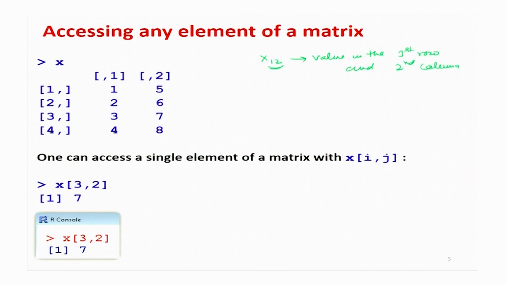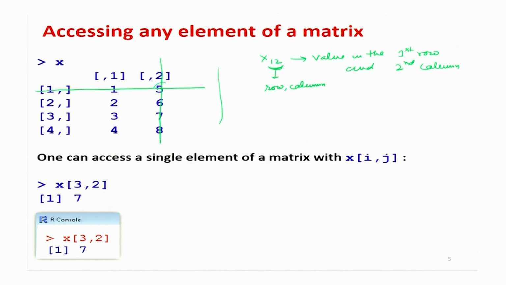So, this 1 2 indicates the position of the row and the position of the column. For example, in this matrix, if I say x 1 2, then 1 means the first row and 2 is the second column. So, like this.